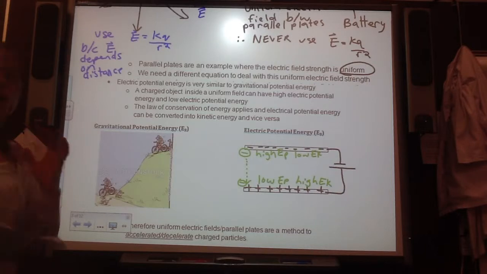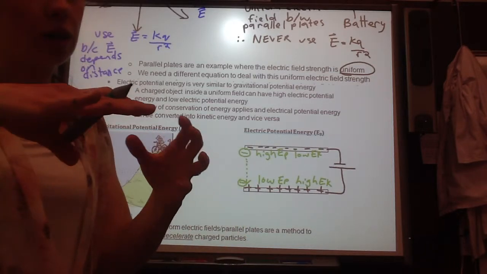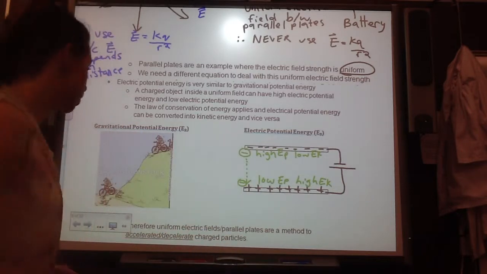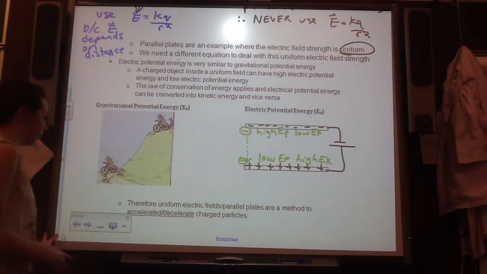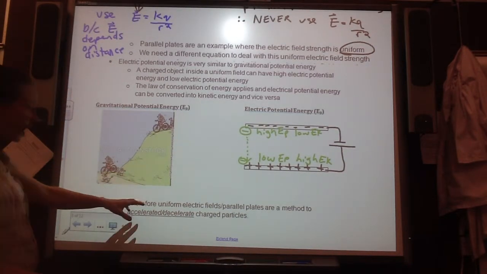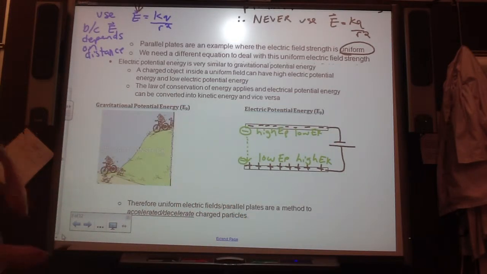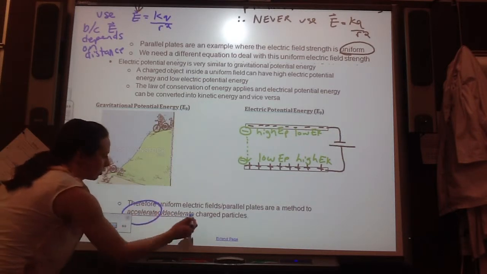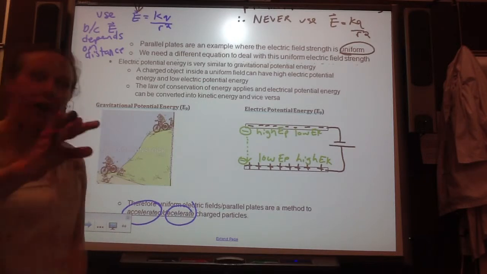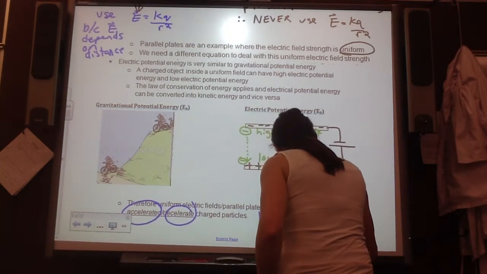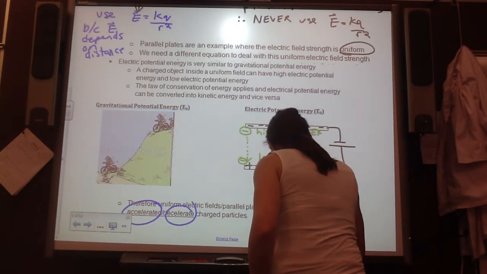So we're seeing a lot of similarities between our electrical forces and our gravitational forces and the way we think about them. Aren't you glad that I made you think? Because now you know so much of this. Therefore, uniform electric fields and parallel plates are a method to accelerate or decelerate charged particles, right? Because velocity was changing.